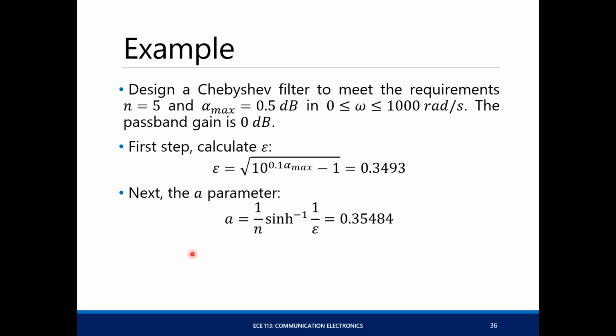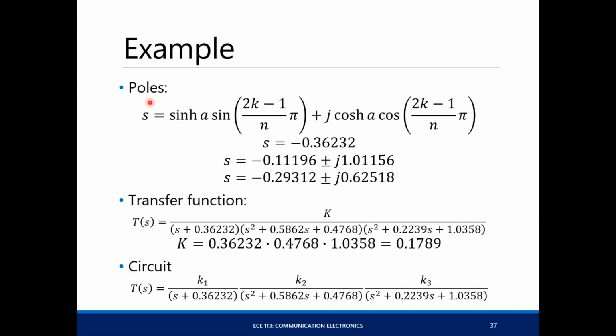Solve for the parameter a, which was defined earlier. It's equal to this, and it's equal to this value. From here, you now locate the poles of your Chebyshev filter. Substitute a, and your value k here is from 1 to 5.